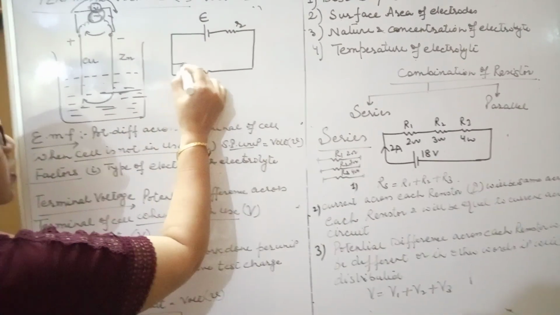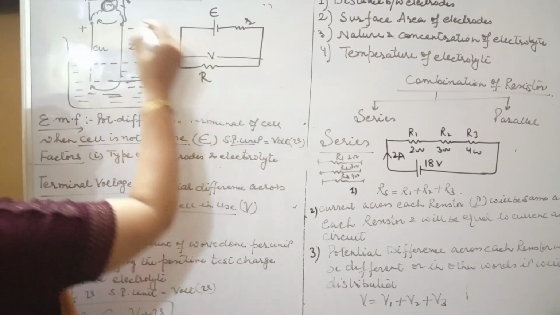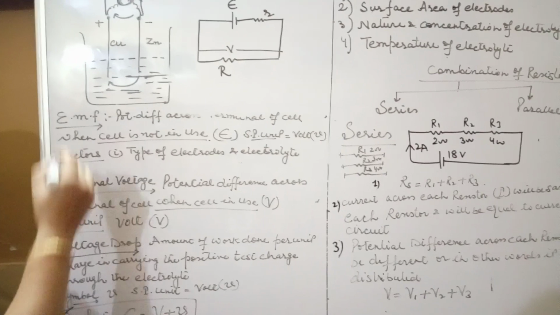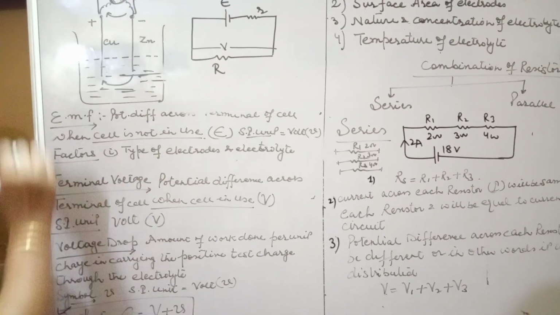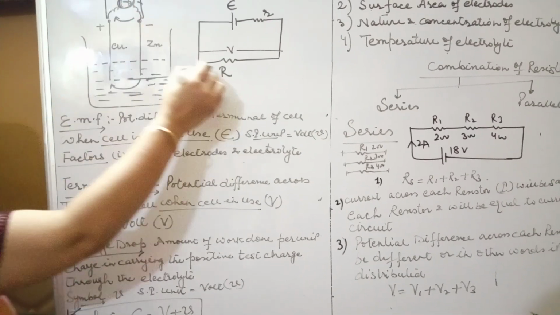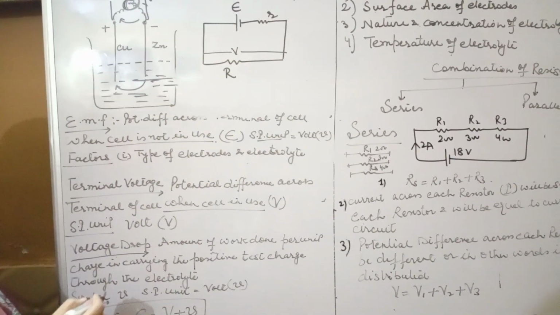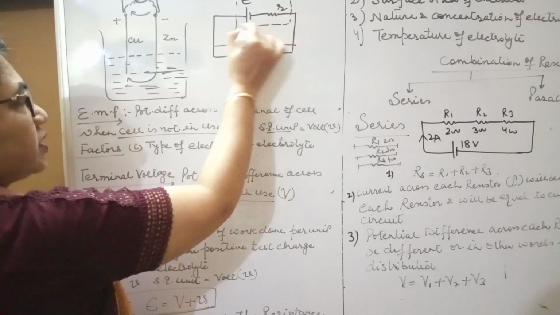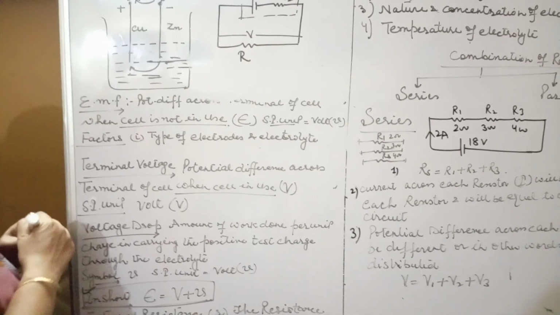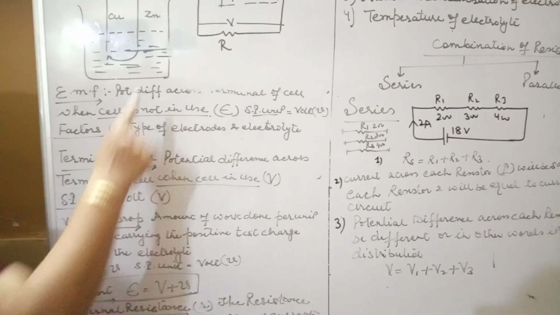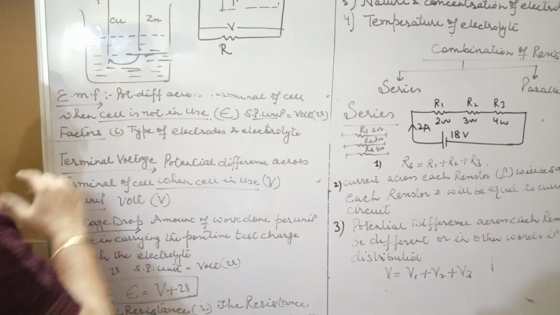And terminal voltage is always across the outside resistor, means external resistance. In our diagram, external resistance is this bulb. So that potential difference across this bulb is called terminal voltage. So you should keep this diagram in your mind. It's very important in numericals also. There should be one clear-cut image in your mind regarding this EMF, terminal voltage and voltage drop.